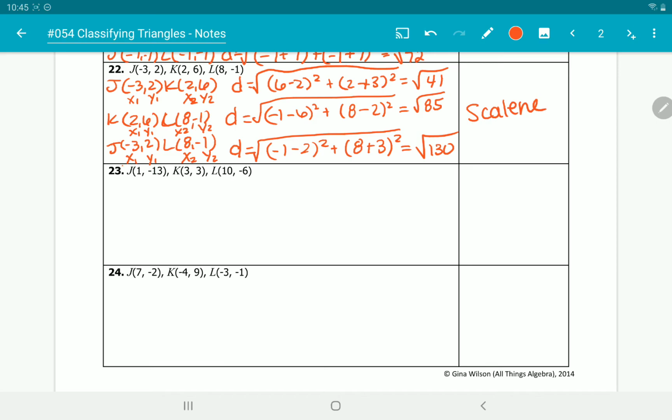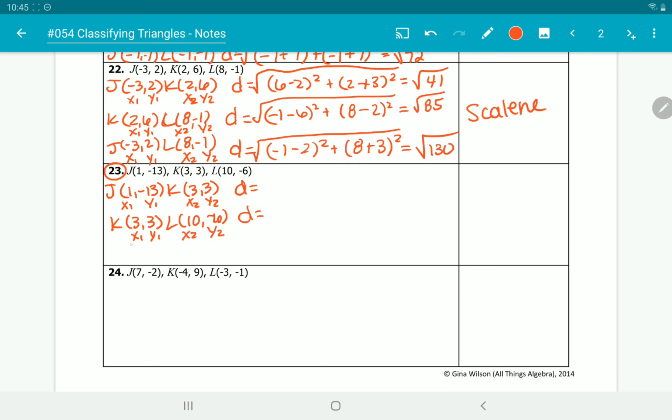Okay? Now I want you to pause and do number 23. I'll go ahead and tell you. Do this. So J and K, x1, y1, x2, y2. Okay? Determine the distance for that one. K and L, 3, 3 and 10, negative 6. Okay, so x1, y1, x2, y2.